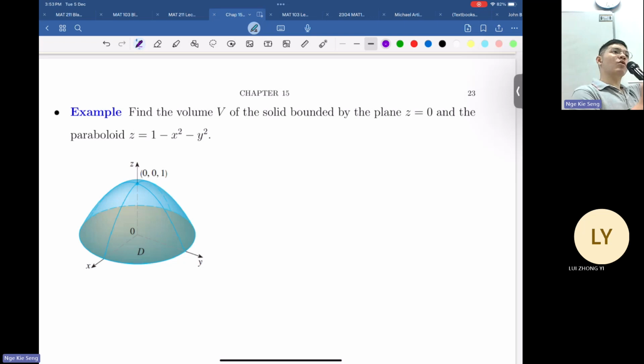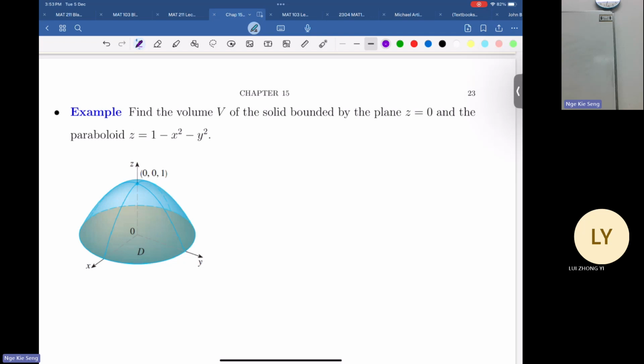So this graph, is it a domain graph or a whole graph? Is it the graph of your domain or the graph of your surface?